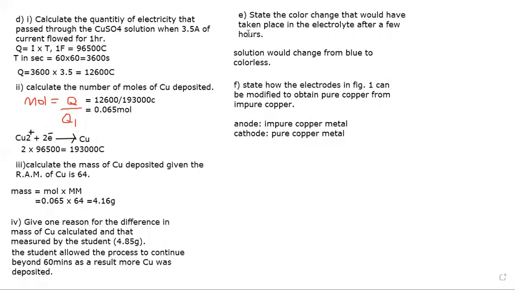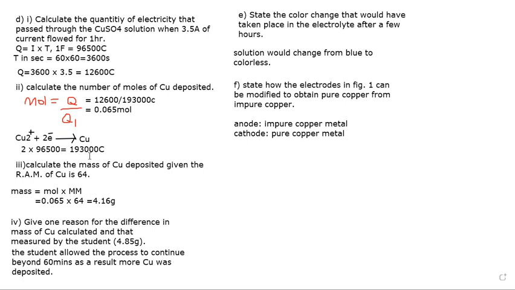All right, so continuing from part 4, it said, give a reason for the difference in mass of copper calculated and that measured by the student. So based on our calculation, we should get 4.16 gram, but the student obtained 4.85 gram.